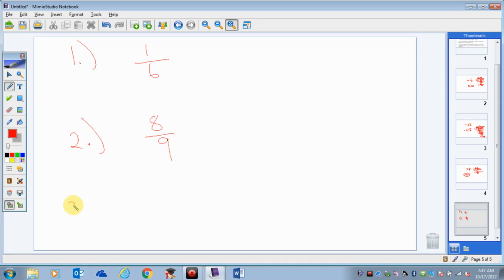And then 3 is going to be negative 3 and 3/4. Alright, so at this time, pause the video, work out these 3 problems, and when you unpause the video, I will work them out, and you will see whether or not you got them right. Pause the video now.